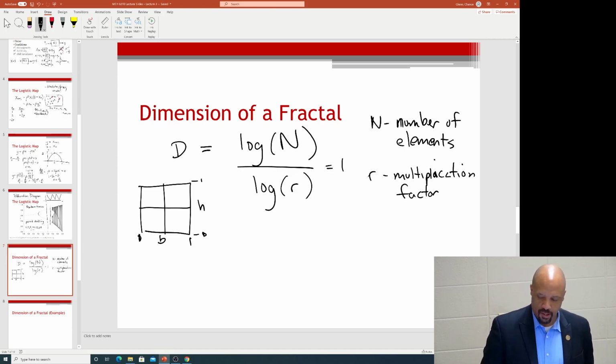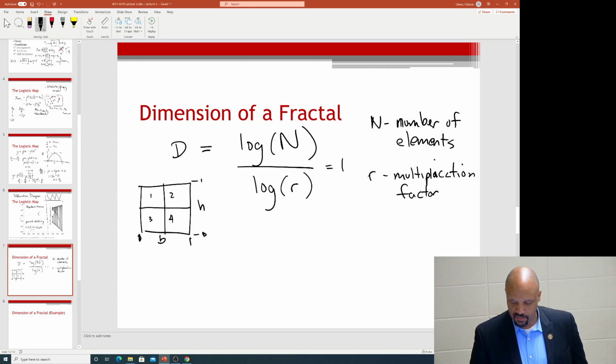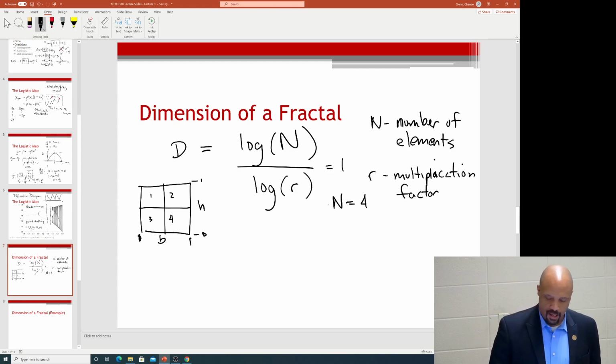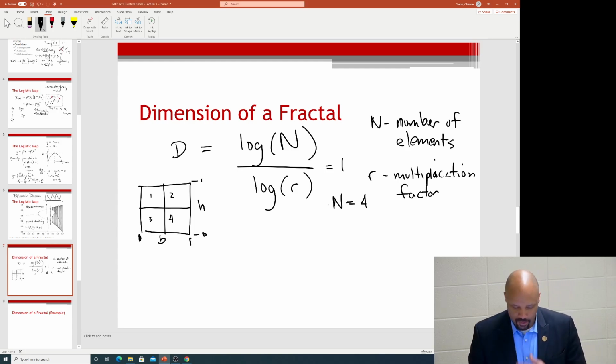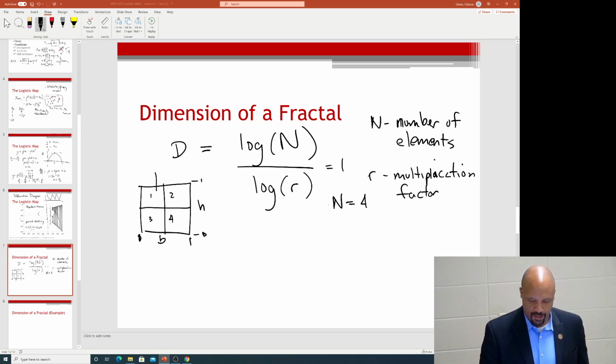Here, you're going to have 4 pieces, 1, 2, 3, 4, so n would be equal to 4, and the length is now 1/2 and 1/2, so the area of that is 1/4.